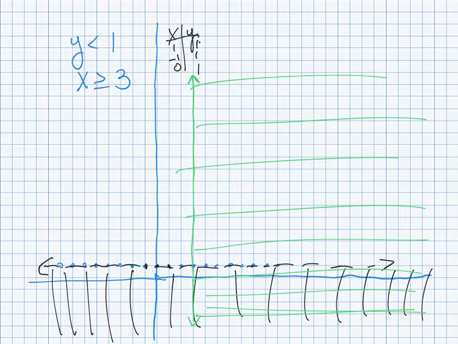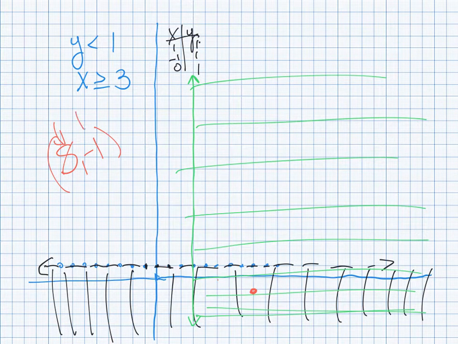What does that mean? It means if I pick a point in this space down here, and let me pick this point right here. What is the coordinates for that point right there? Let's see. 1, 2, 3, 4, 5, 6, 7, 8. 8, -1, right? Is the x bigger than 3?